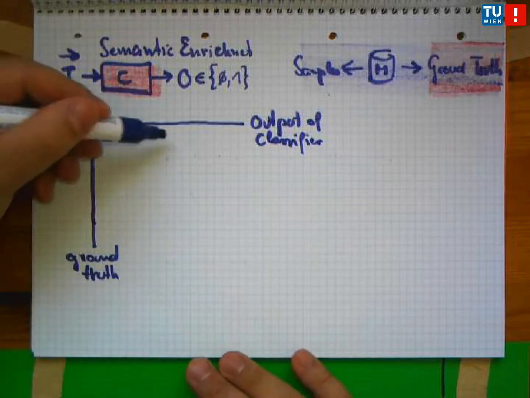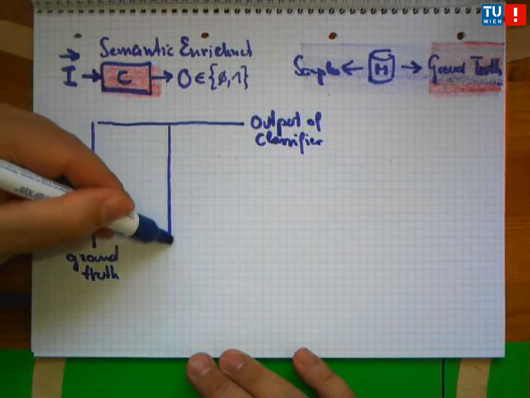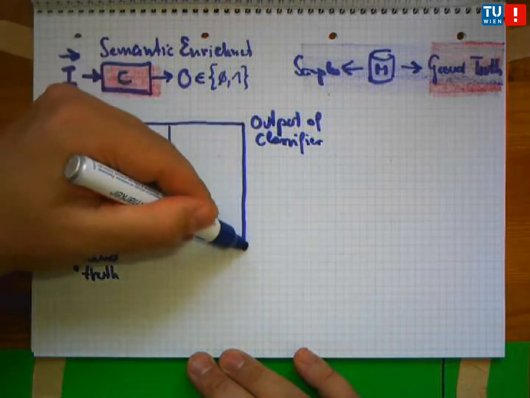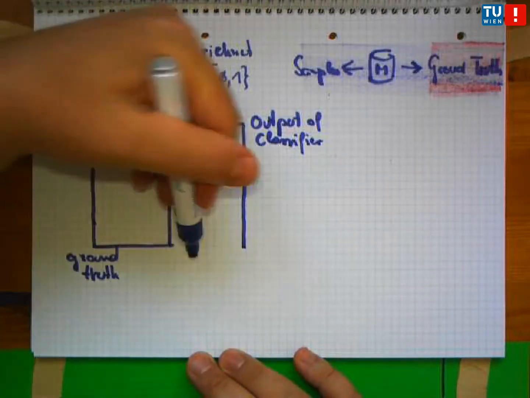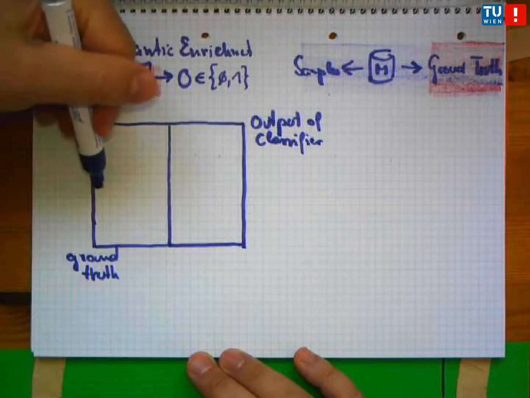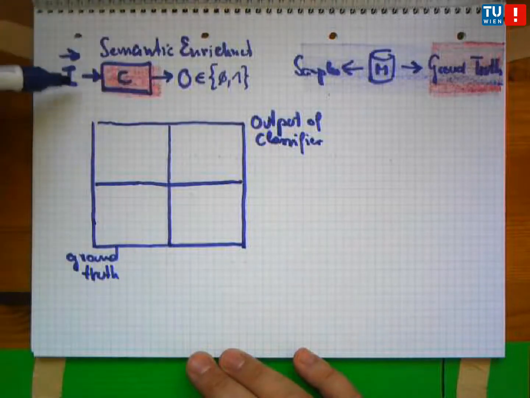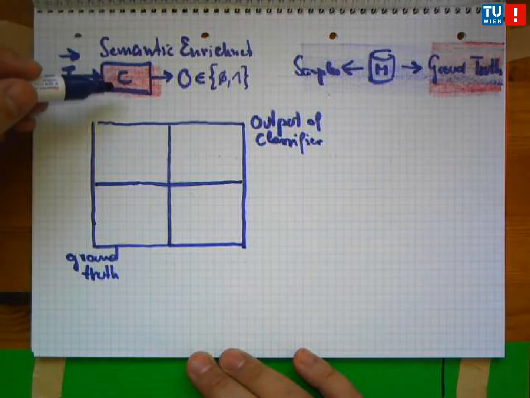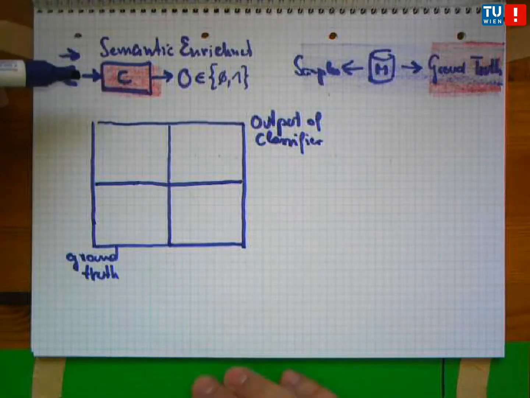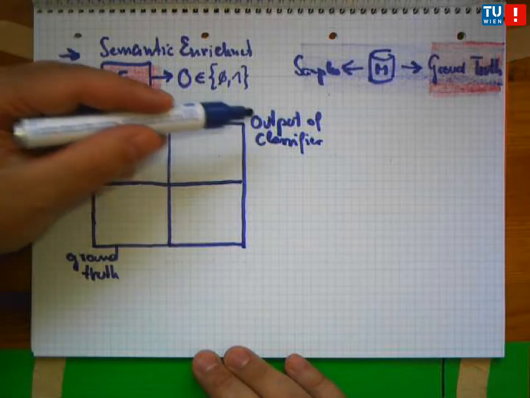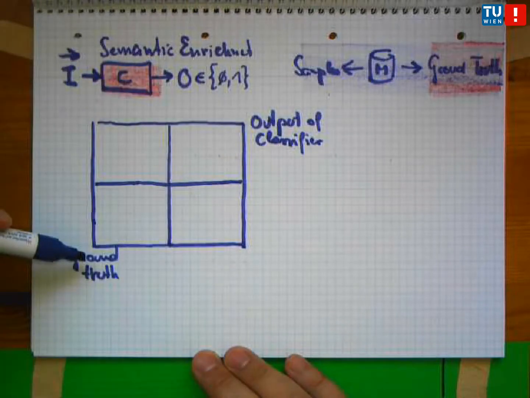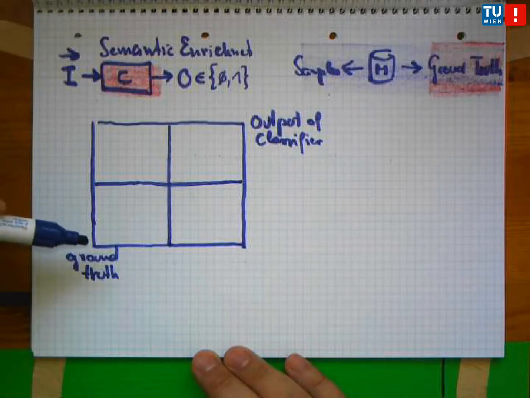In that matrix, we have 4 essential options for the individual act of classification. The first option is that the output of the classifier and the ground truth are the same, so the class labels are the same.